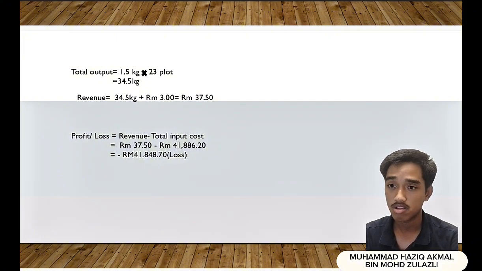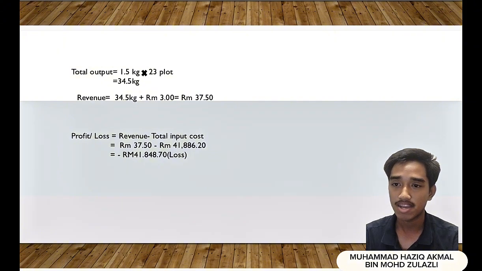The profit or loss formula is revenue minus total input cost. 37 ringgit 50 cents minus 41,886 ringgit 20 cents equals minus 41,848 ringgit 70 cents. The loss.